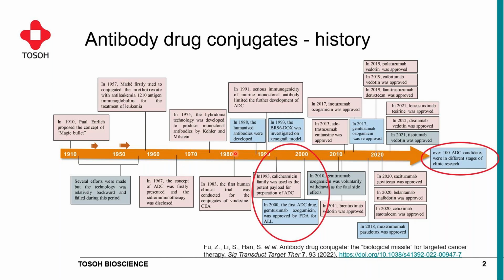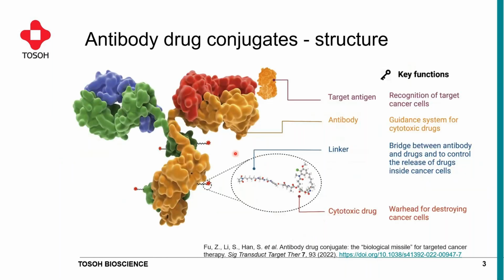Now, why do antibody-drug conjugates actually get such success now? I think, and I hope you all agree, that the concept of an antibody-drug conjugate, or ADC for short, is actually quite a clever one, because what we basically have is our antibody, which, like all other antibodies, targets a specific protein, which can be, for instance, on a cell that we don't want to have in the body.